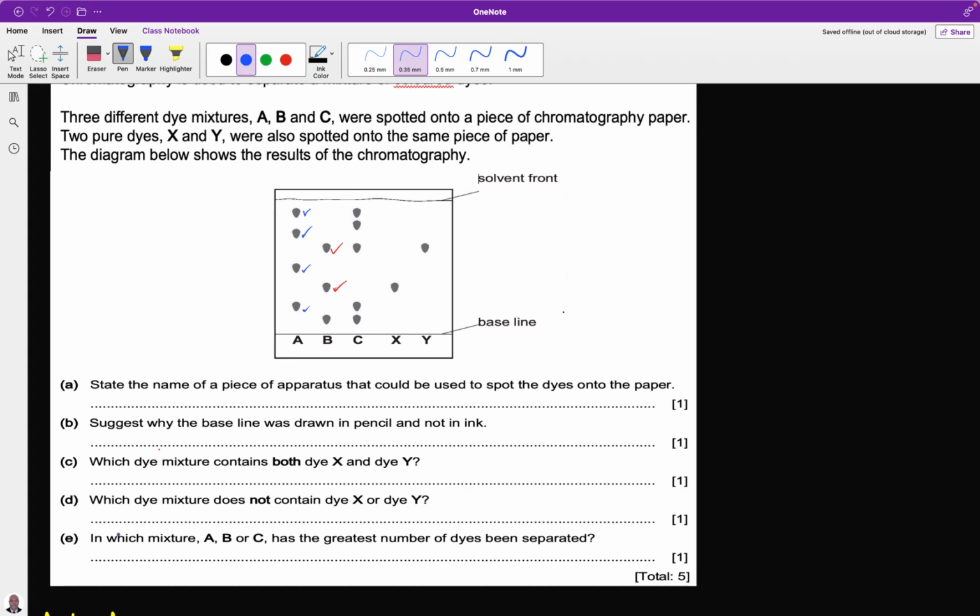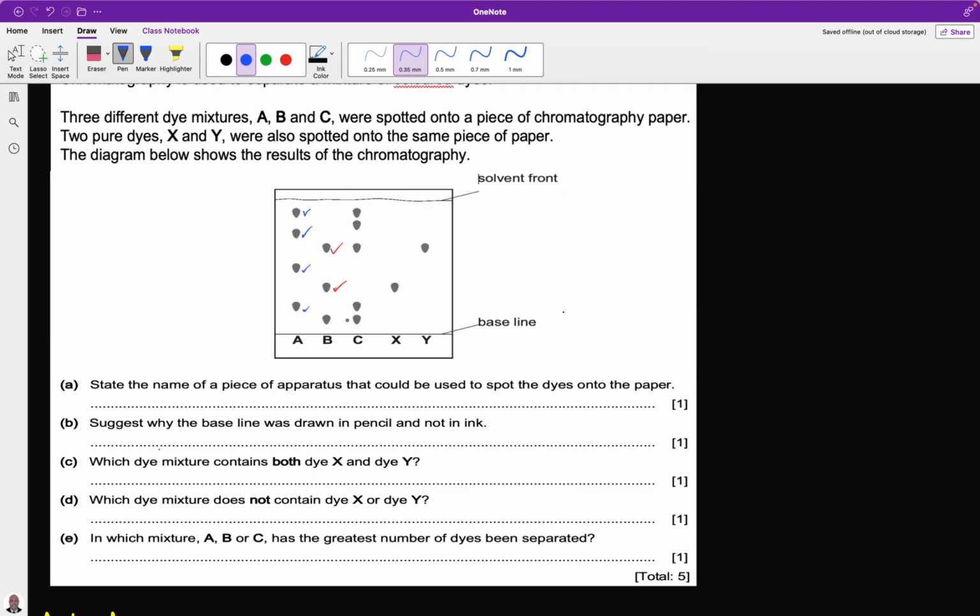E. In which mixture, A, B, or C, has the greatest number of dyes that have been separated?